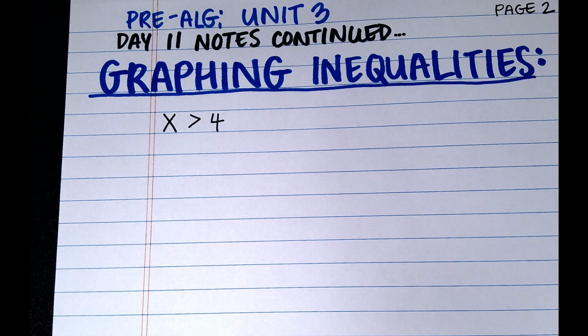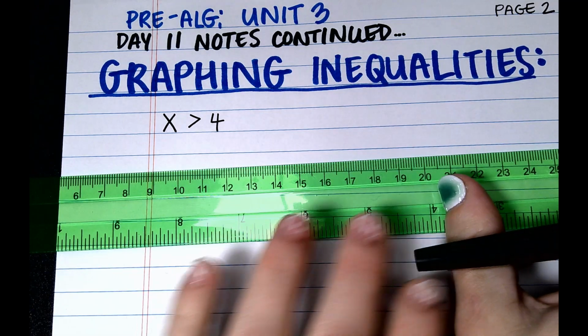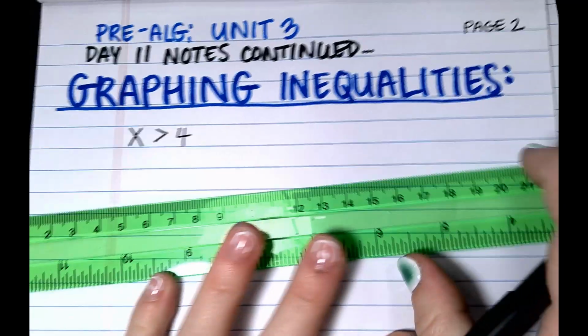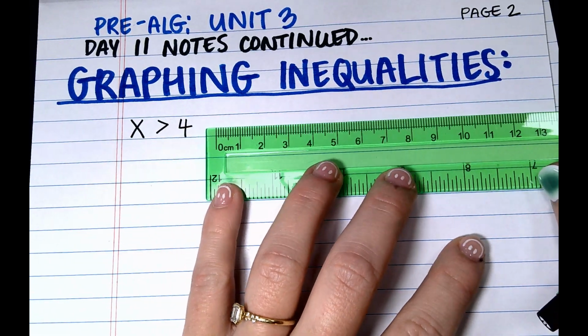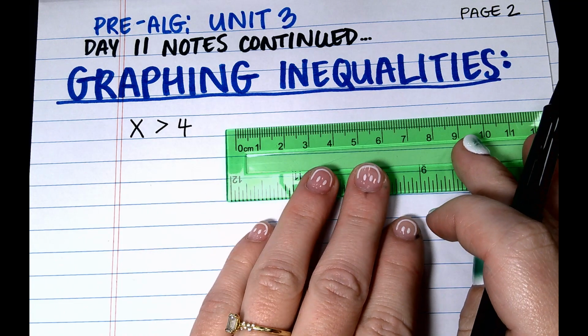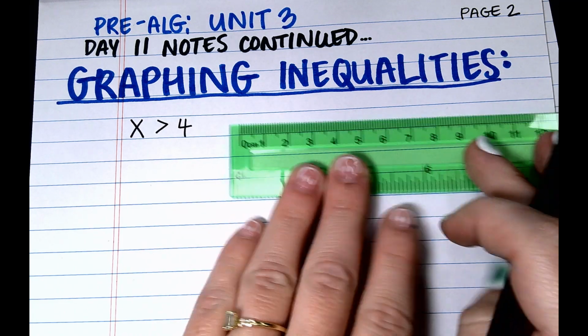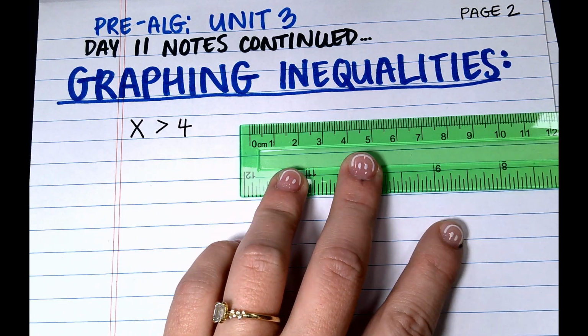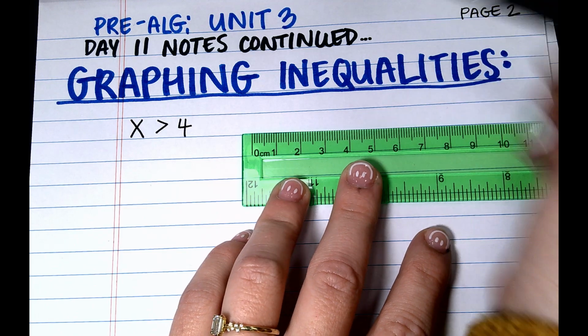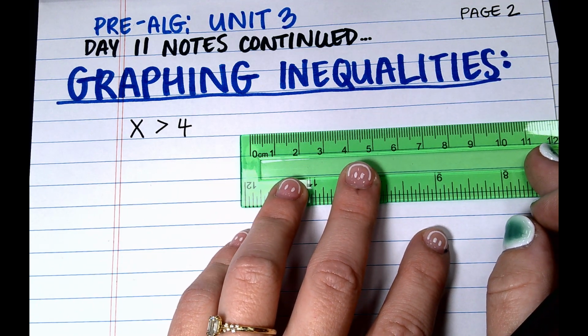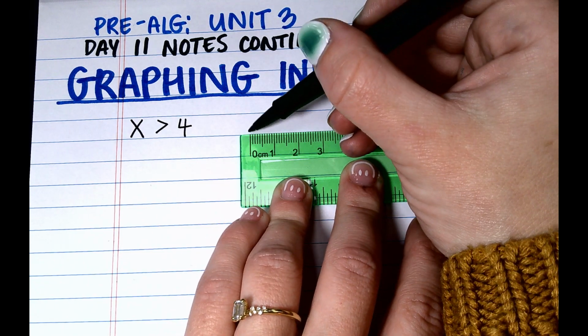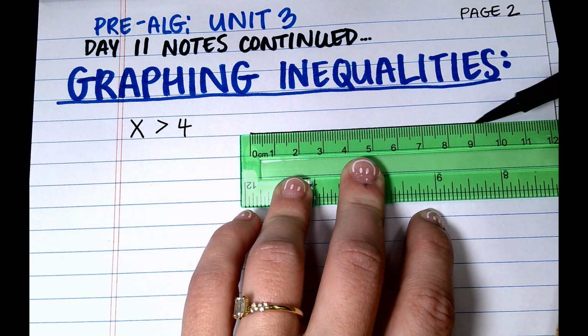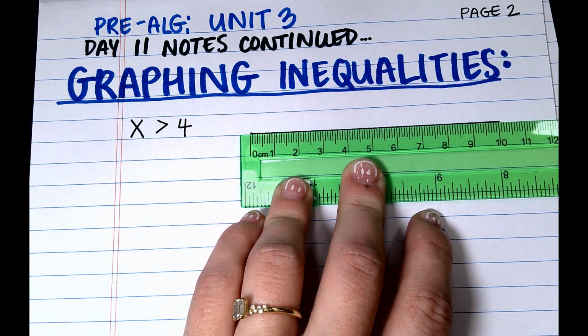First, I'm going to get a ruler, and right beside this, draw a line. If you're trying to copy mine, I'm going to make it about 10 centimeters. Just like that.